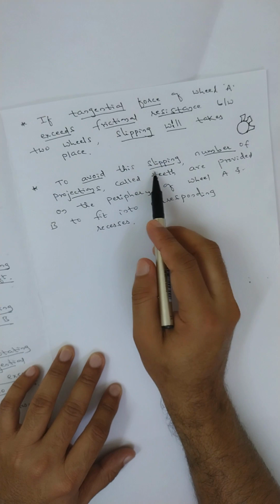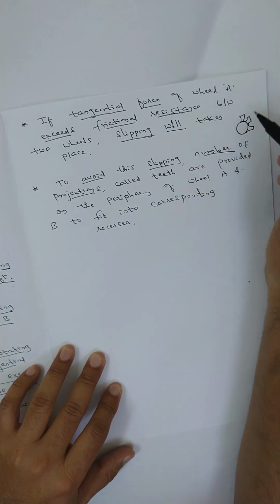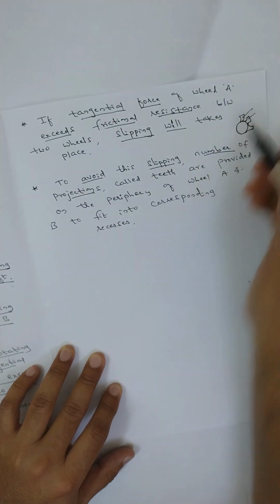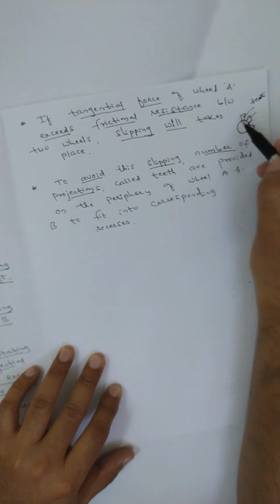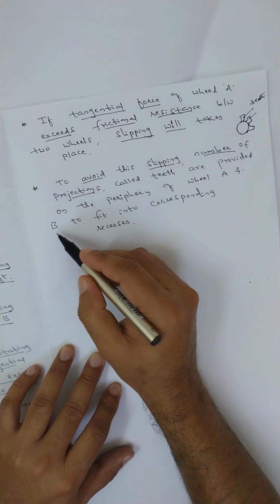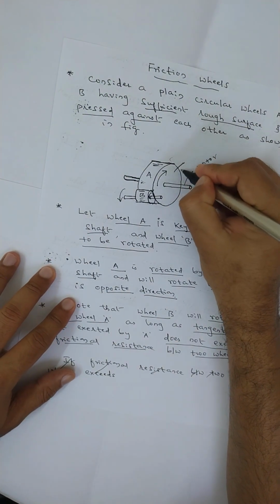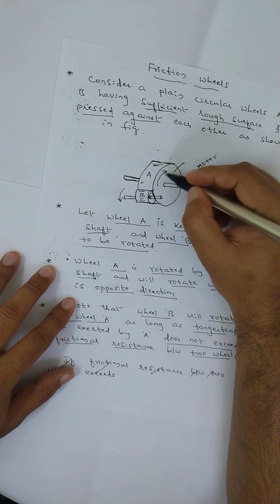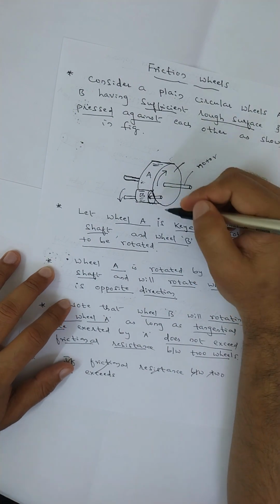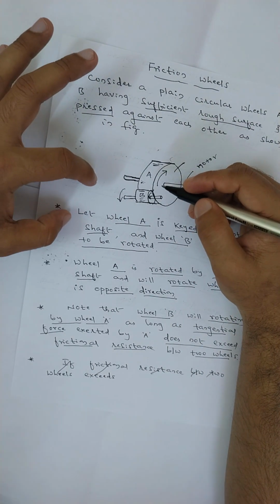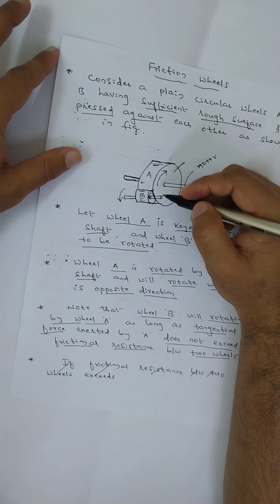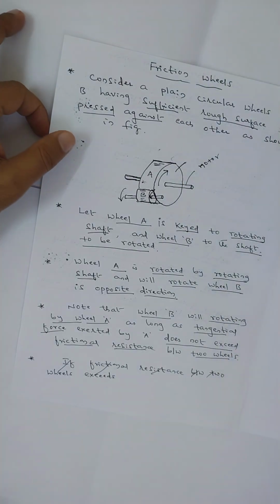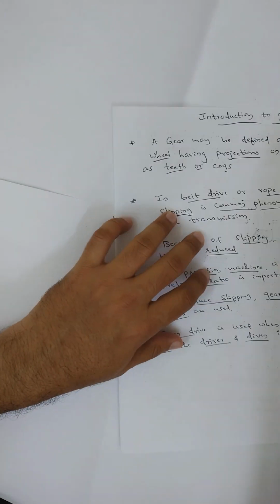To avoid this slipping, a number of projections called teeth are provided on the periphery of both wheel A and wheel B, so that you can avoid the slipping and thereby increase the velocity ratio. That is the reason we are introducing today's chapter, gear trains.